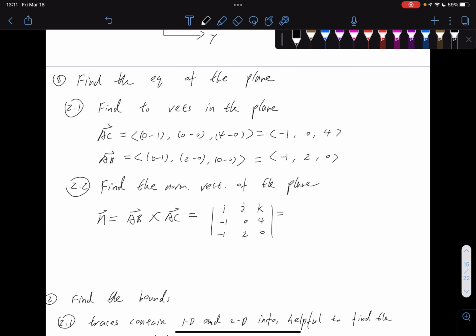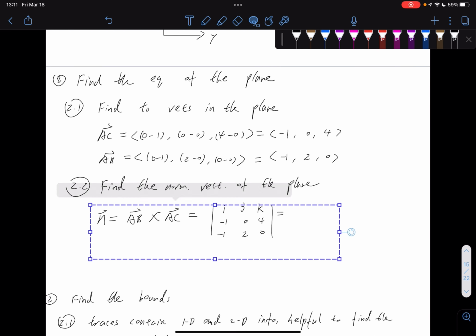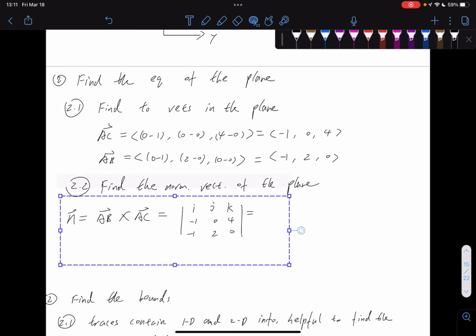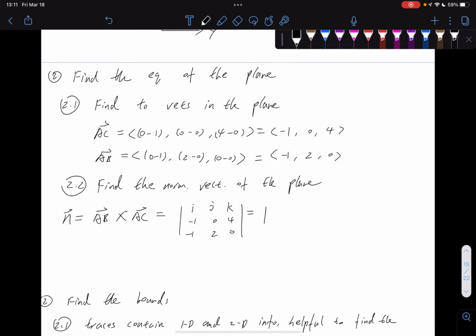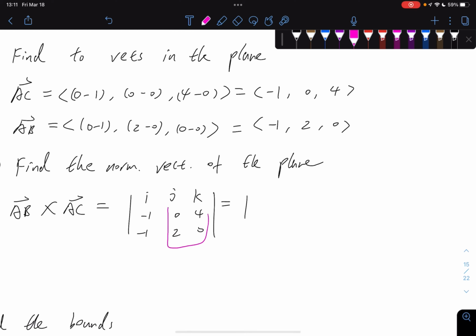And that equals, for i, we cross this out, so what's remaining is 0, 4, 2, 0, i hat, minus, right? Always don't forget that minus. Crossing the j out, what's left is -1, 4, -1, 0.